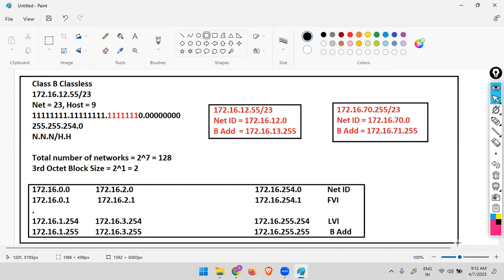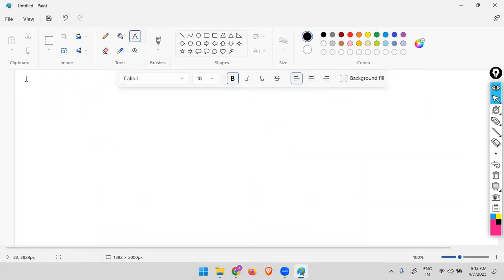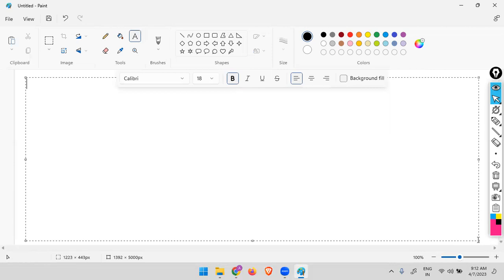Now next is class A. So let's say IP address is 1.2.3.4 only. Instead of /8, let's go to /9. Okay. Number of network bits, 9. Number of host bits, 23.